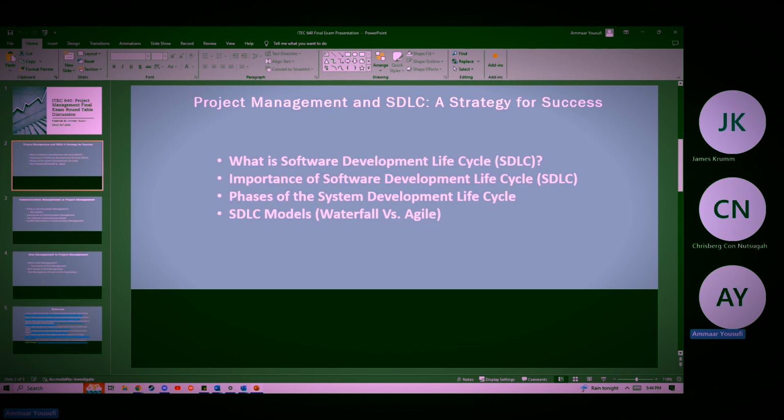Risk management is another important part of SDLC, where it helps identify potential risks at the outset, allowing for timely mitigation strategies to be put in place. And the last part about the importance is customer satisfaction. Basically, just ensuring that the final product aligns closely with the customer and stakeholders' needs and expectations overall.